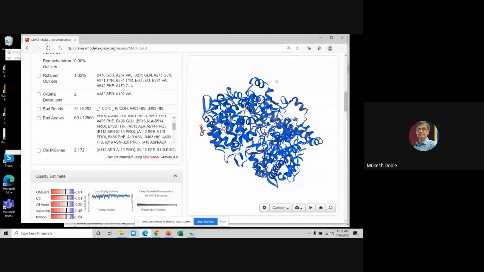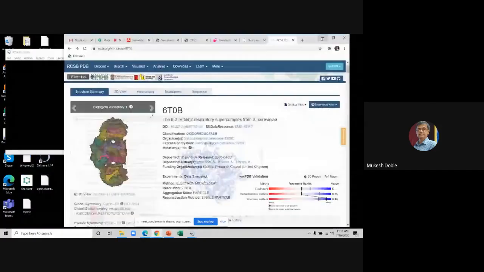Okay, so this protein I can download, and this is my modeled protein which I will use for all my studies. Okay, let's go back to our presentation.